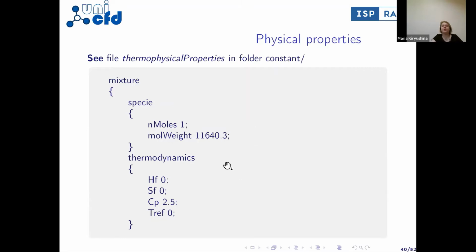The problem is solved for air under normal conditions, and for our calculation, we take density, temperature, and speed of sound equal to unity, and we obtain specific heat capacity at constant pressure equals 0.5. Reference temperature has to be there in version 2012.